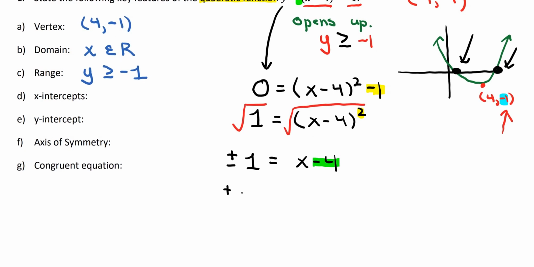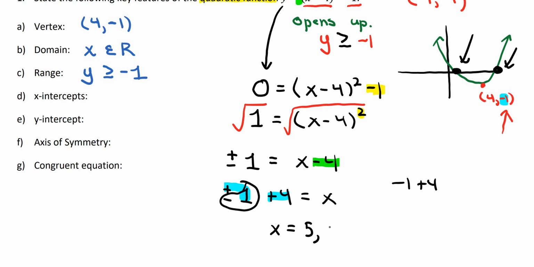So now we have plus or minus 1 plus 4 equals x. Plus 1 plus 4 is 5, so my x-intercept is at 5. And I also have -1 plus 4, which is positive 3. So my x-intercepts are at 5 and 3. Written correctly, my x-intercepts are (5, 0) and (3, 0).